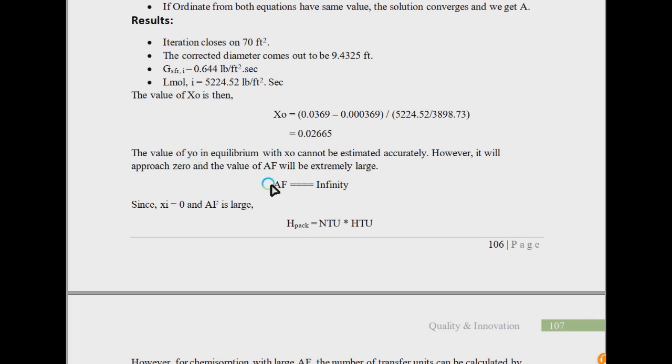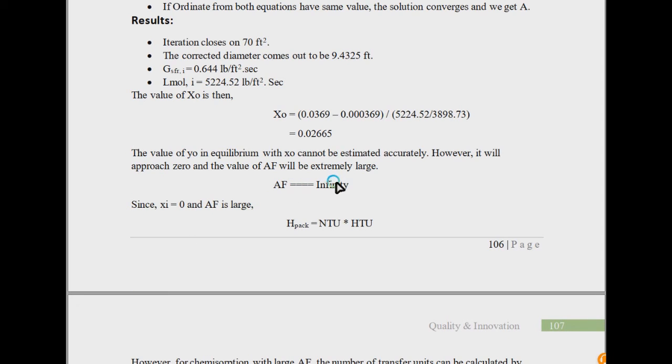Now we come to the basic calculation of what we need. For example, if I have a value of U naught in equilibrium that cannot be estimated accurately, like you do not have a straight line equilibrium, however it will approach zero. It can actually approach zero, because you can have a very low concentration at the end, like I have 0.000345 mole fraction, so it is very small in amount.